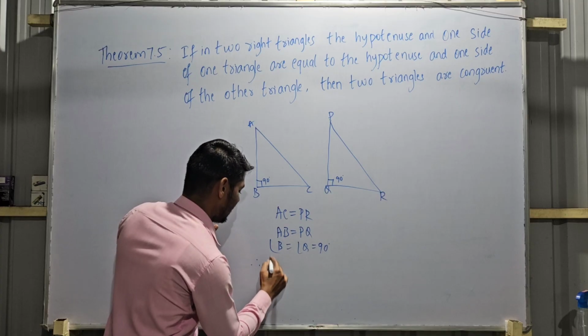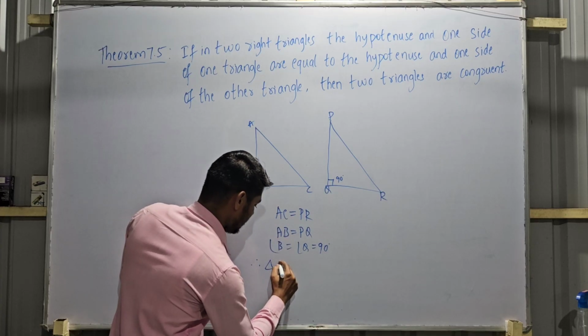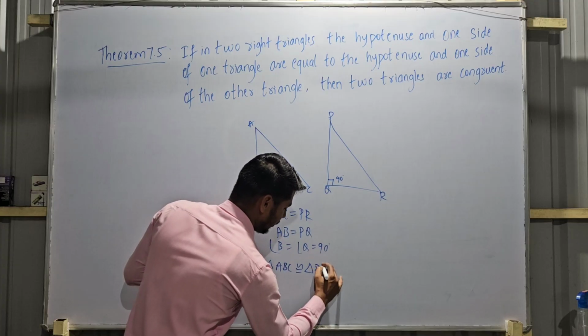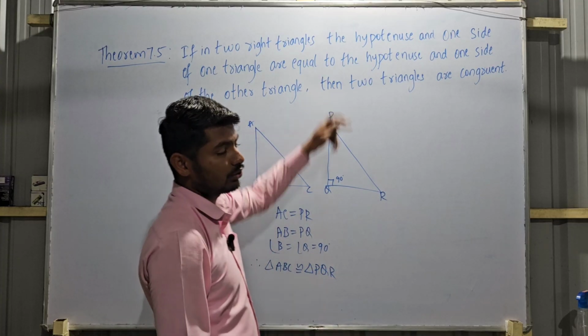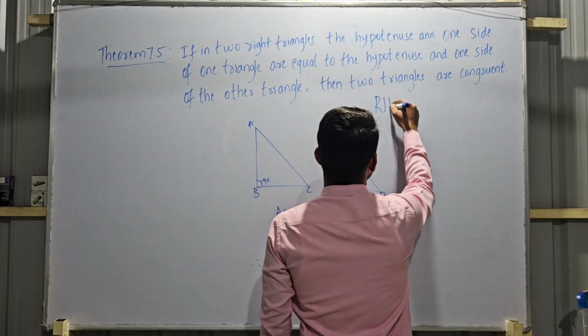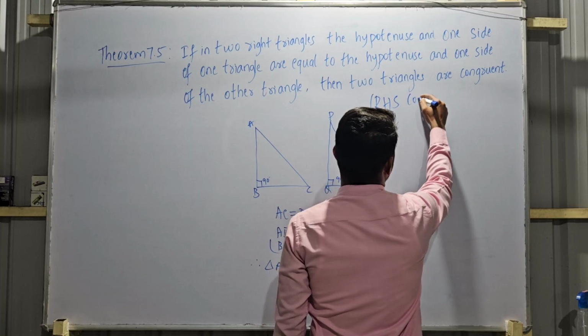Therefore we can say that triangle ABC is congruent to triangle PQR. So this rule is also called the RHS congruency rule.